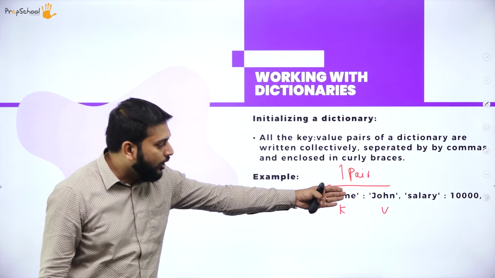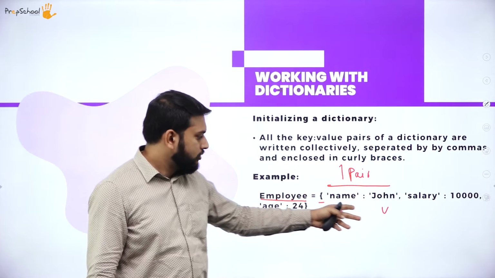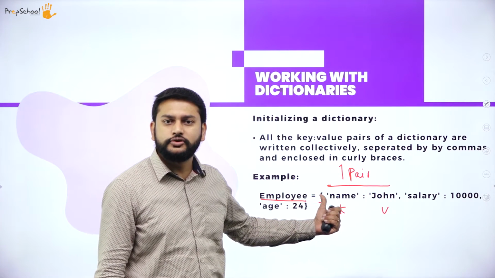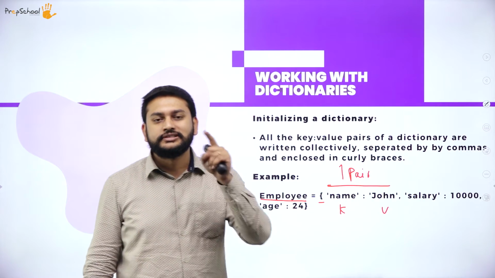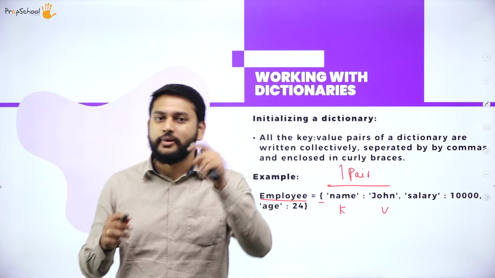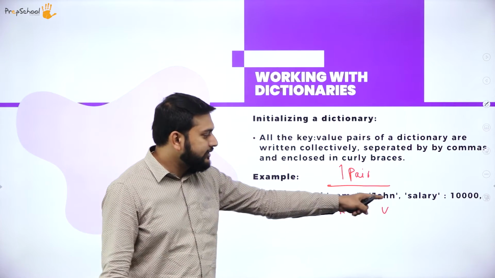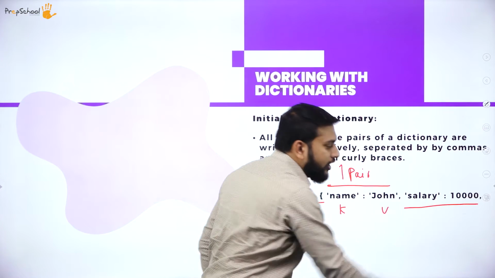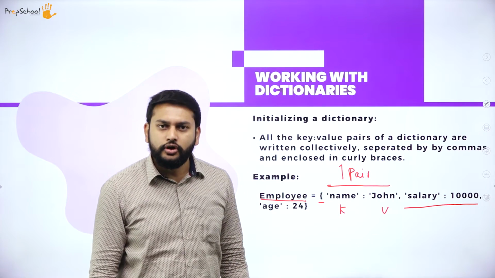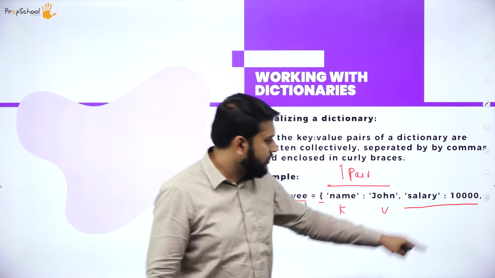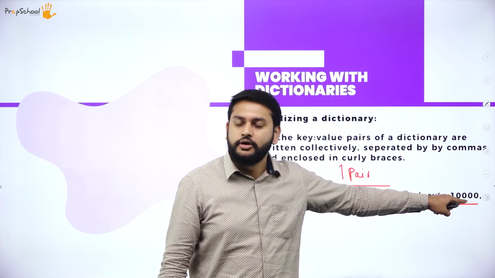After that I have a comma. Here I am using single quotes, but in the previous example I used double quotes. Of course I can use single quotes as well as double quotes. Both quotes share the same meaning in Python. Then I have a comma, and after that again the next pair of values. Each key and value I enclose with quotes, but for this number I have not.